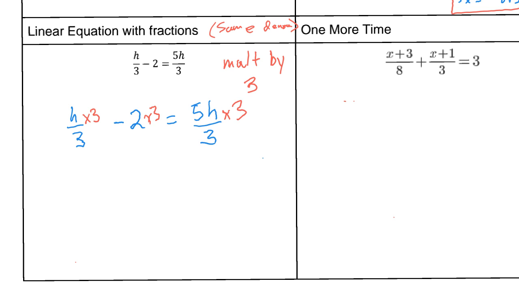What that does for us is it gets rid of the 3's on all of the fractions. So 3 divided by 3 is just 1, right? So now this first part just turns into h. Minus 2 times 3 is 6.